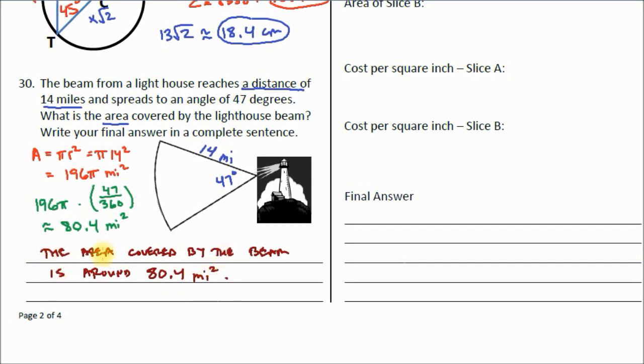Now, sometimes you wonder, how do I start my sentence? It's so easy. Just go right back to the question. The area covered by the lighthouse beam. I could have written, the area covered by the lighthouse beam is around. I just cut out lighthouse because I think it's clear we're talking about a lighthouse. The area covered by the beam is around 80.4 miles squared. That takes care of the first column of this page.